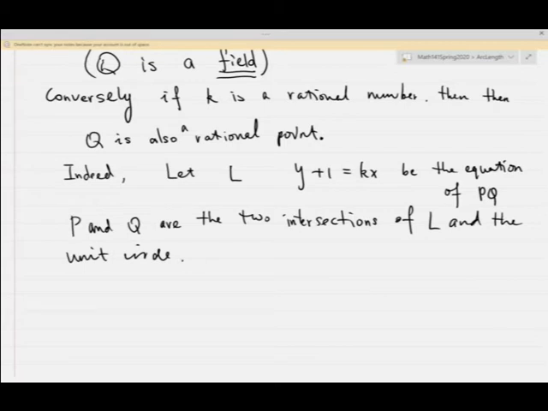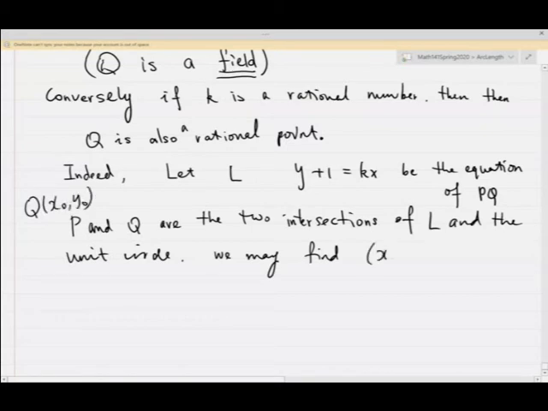So we may find, let Q be the coordinate. Suppose Q is x0, y0. So we find x0, y0, the point Q, by solving the equations.